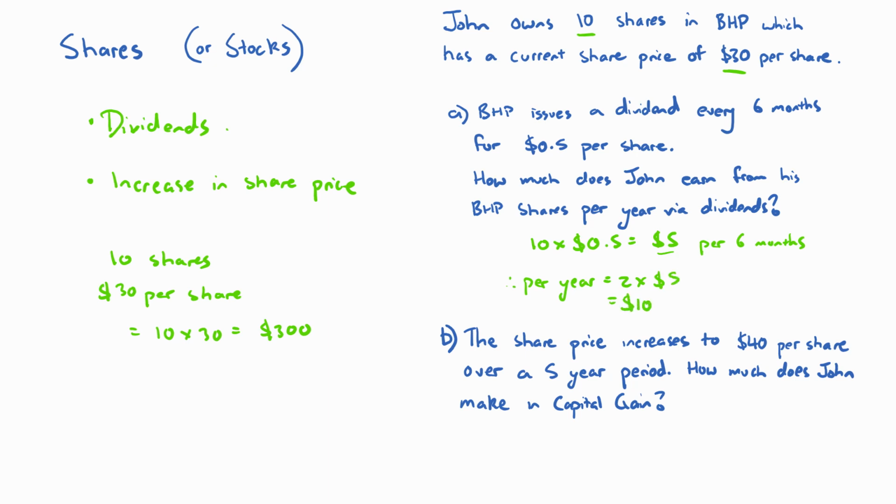So every year, as long as BHP keep their dividend payouts the same, because that's not necessarily the case, they fluctuate depending on how profitable the company is that year, John will receive $10 per year. Still keeps his $300 as the ownership of the company, but the dividend that he receives back will be $10.